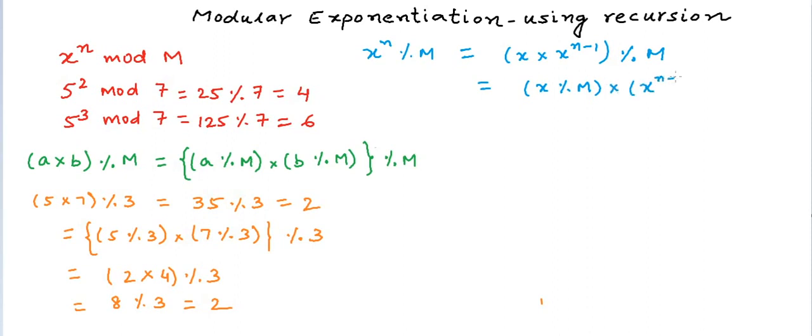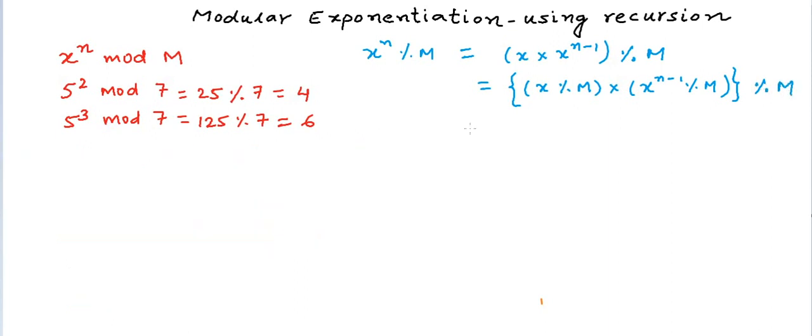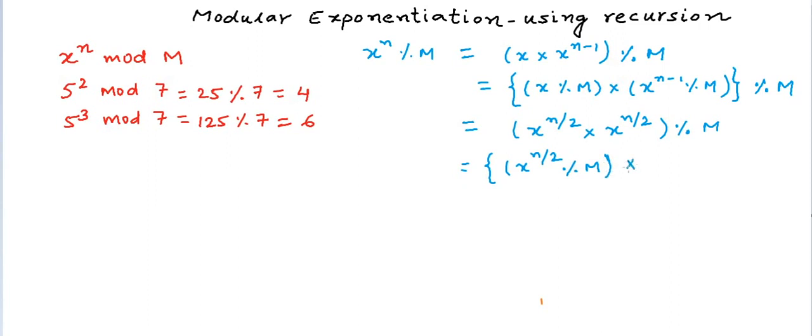Again, if n is even, then we can write x to the power n as x to the power n by 2 into x to the power n by 2. So this expression can also reduce to x to the power n by 2 modulo m into x to the power n by 2 modulo m and an overall modulo m.